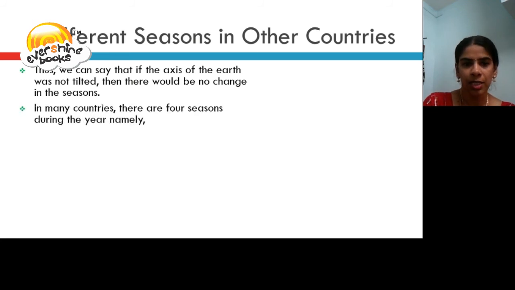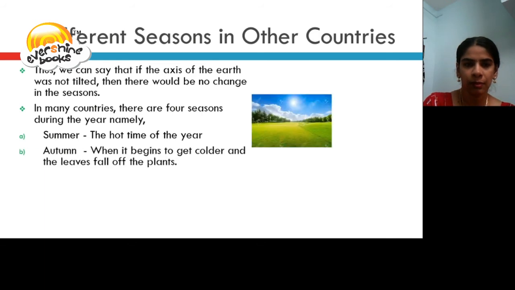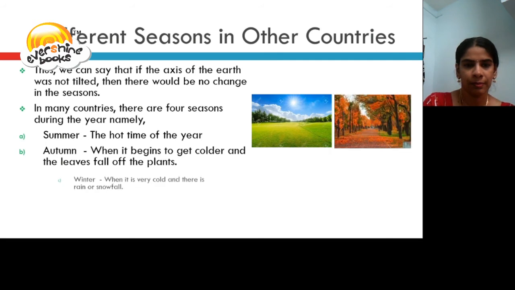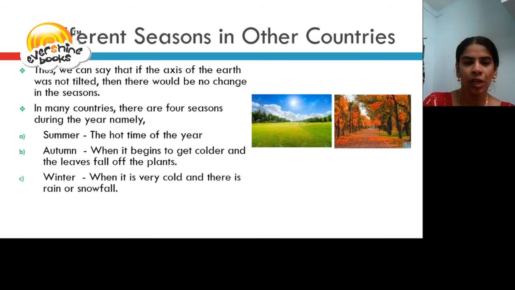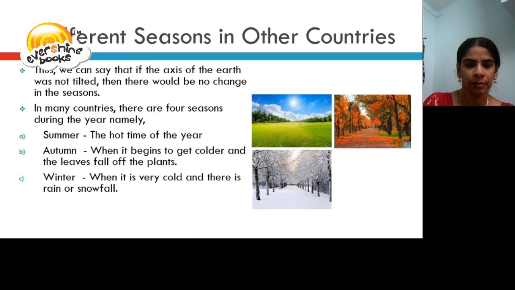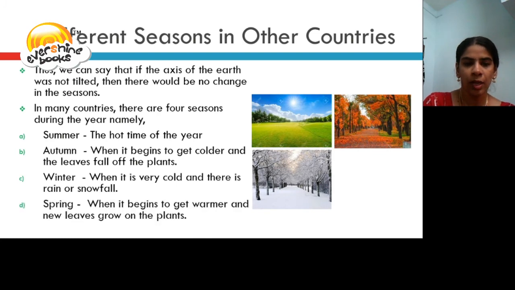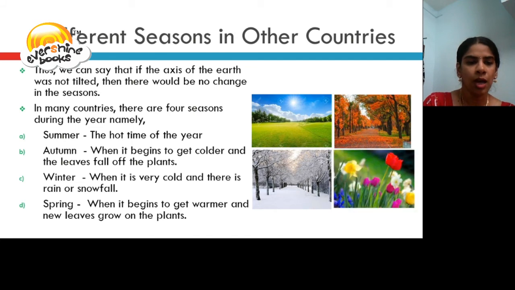In many countries, there are 4 seasons during the year, namely summer, which is a hot time of the year, autumn, when it begins to get colder and the leaves fall off from the plants, winter, when it is very cold and there is rain or snowfall, spring, when it begins to get warmer and new leaves grow on the plants.